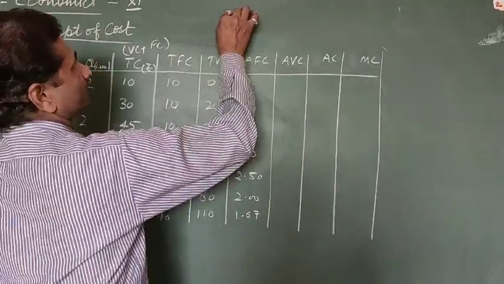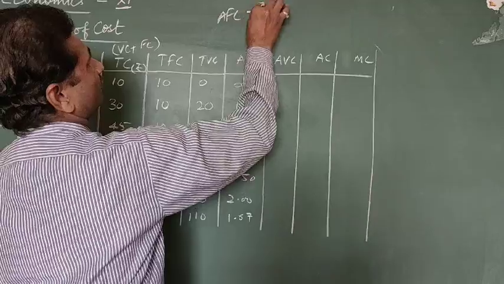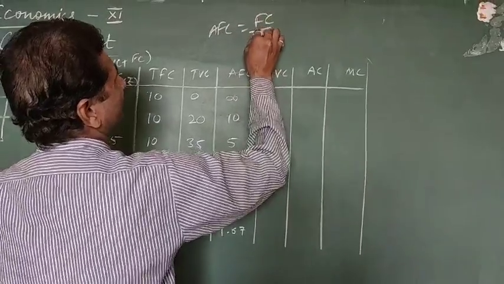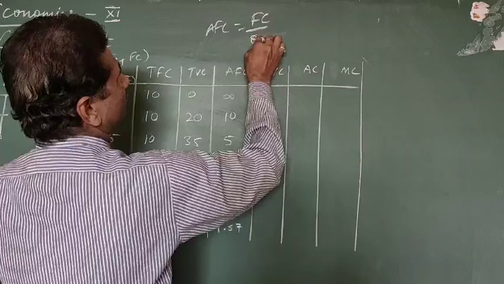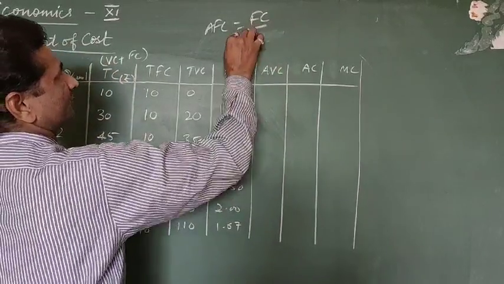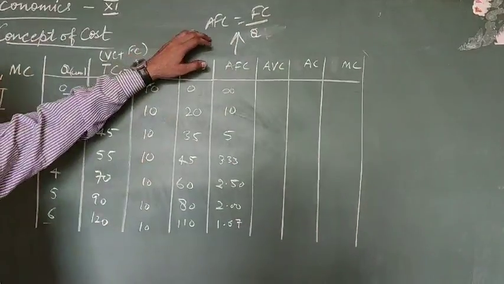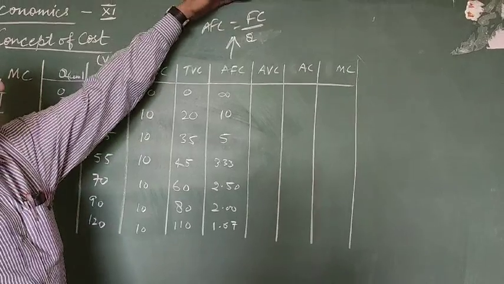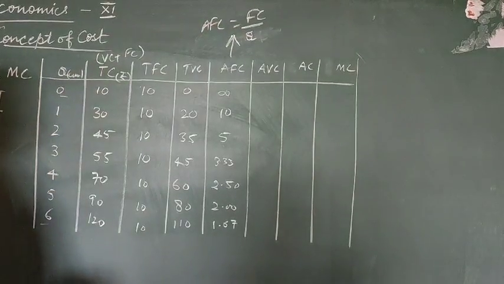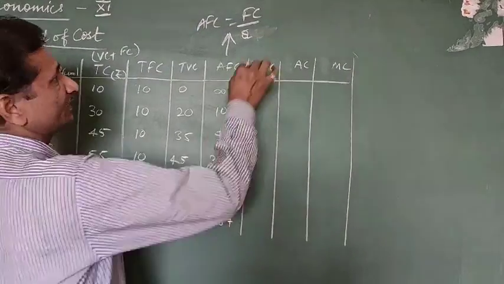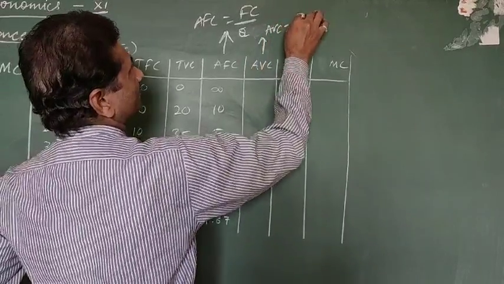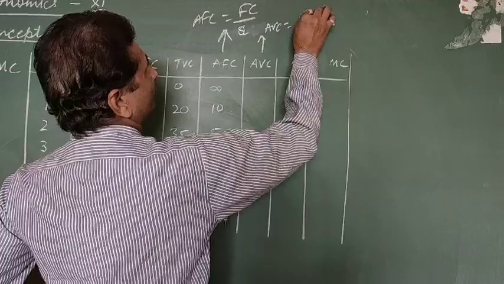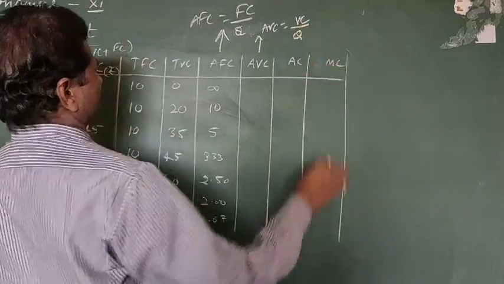Average fixed cost is calculated by fixed cost divided by number of units or quantity. This is the formula of average fixed cost: fixed cost upon quantity. Average variable cost, AVC, is equal to variable cost upon quantity.